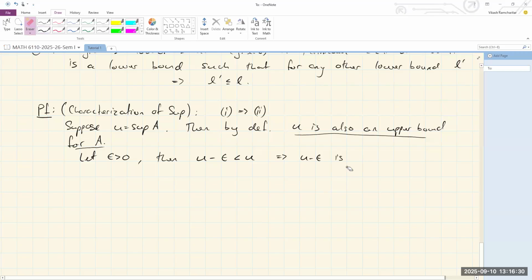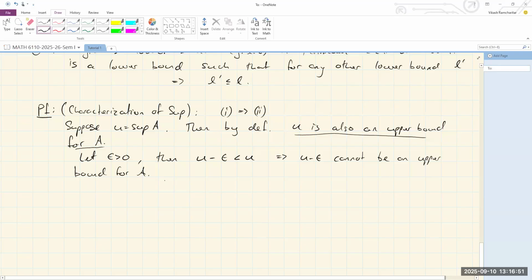Let me write that to stress: U minus epsilon cannot be an upper bound for A, because it's less than U and U is an upper bound.